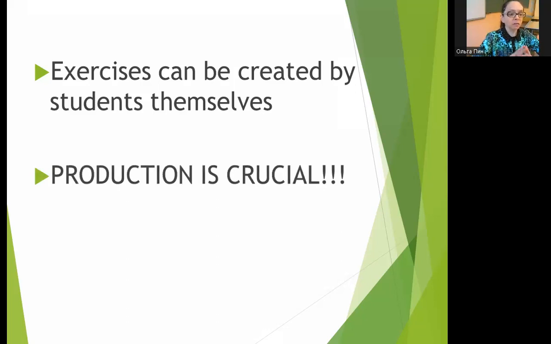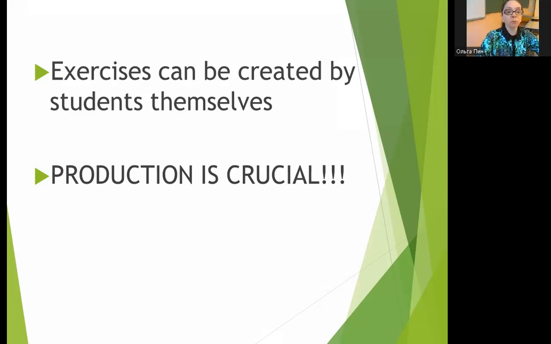And please mind that production is crucial. I've seen a number of students knowing grammatical patterns fairly well and completing controlled practice and even freer practice exercises with very few mistakes.